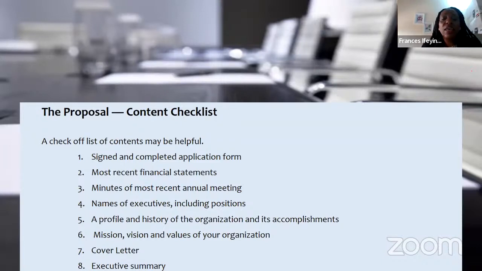A profile and history of the organization and its accomplishments, very, very important. This is where you let the world know who you are and what you stand for. Then your mission, vision, and the values of your organization. Then the cover letter, and then your executive summary.